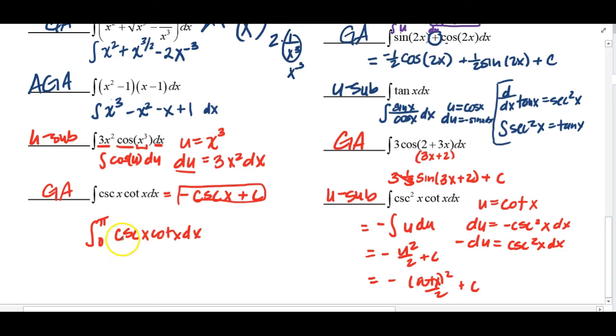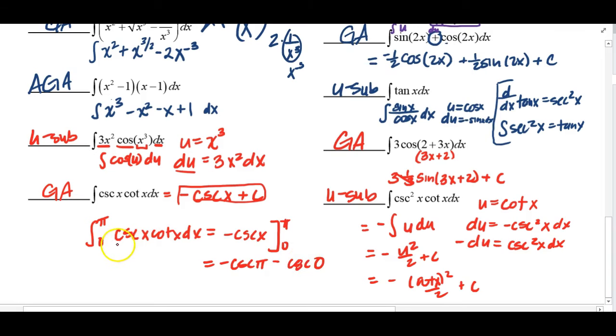What this is telling me to do is find the antiderivative, which I just did, so negative cosecant x, and then plug in pi and plug in 0. I'm not sure how this is going to work out. I'm not even going to solve it all the way. But that's the only difference between what these limits of integration do. It makes it a definite integral. It makes our answer a number.